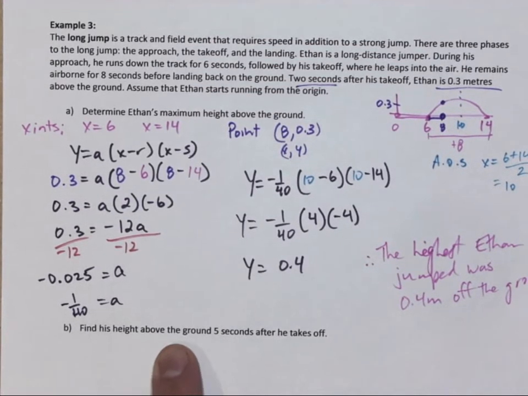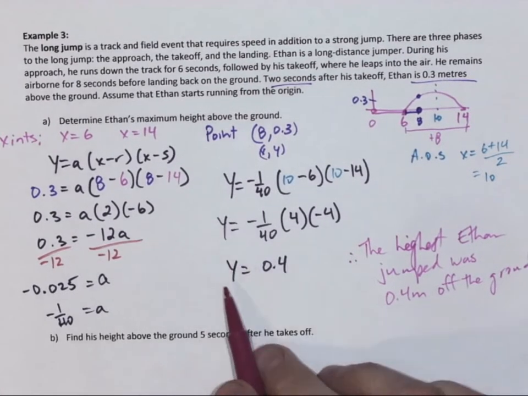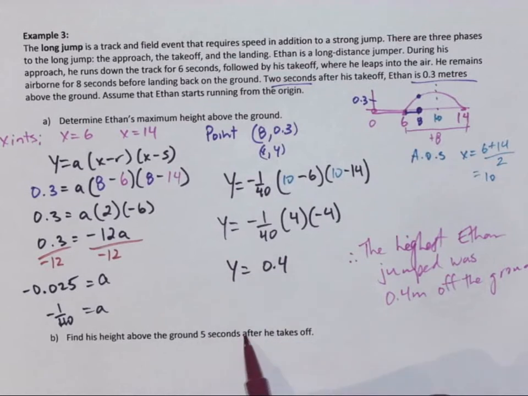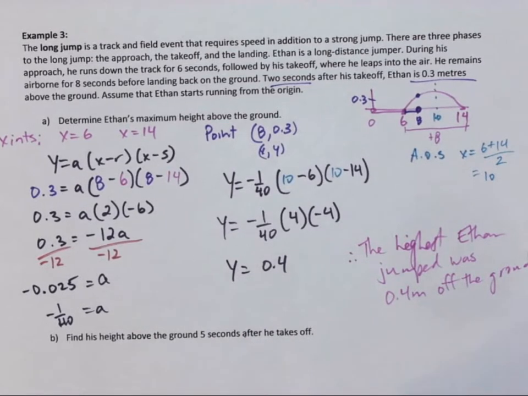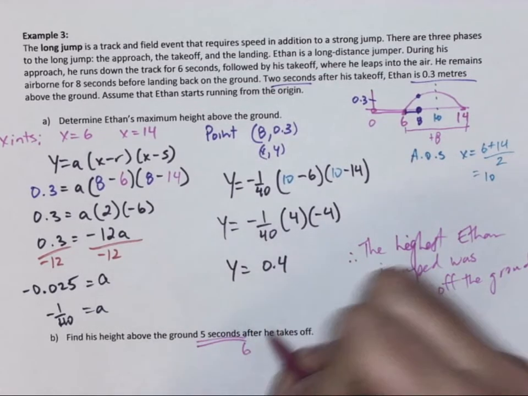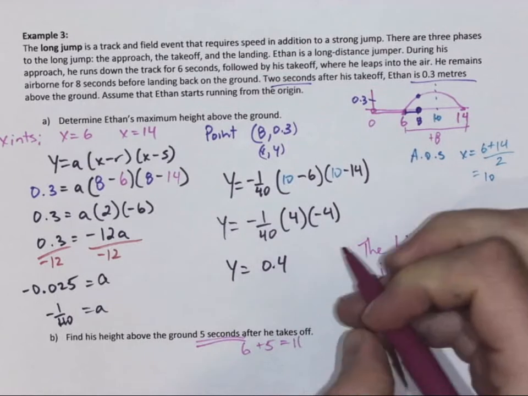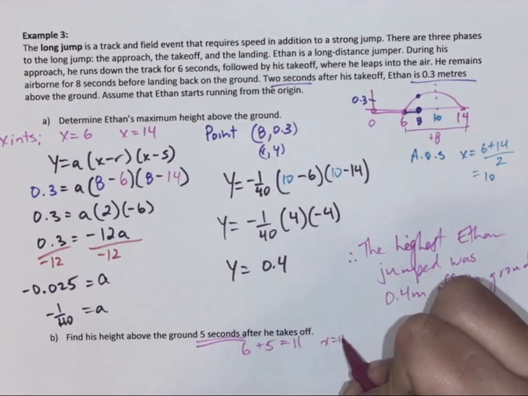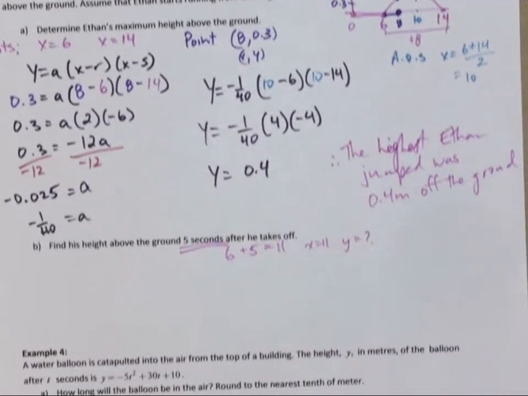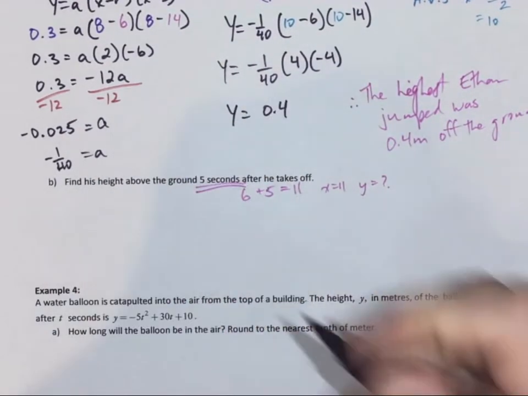Find his height above the ground 5 seconds after takeoff. So again, y really in this situation is height. Time 5 seconds after takeoff is our x. So 5 seconds after takeoff is going to be our 6 plus 5, which is 11. So when x equals 11, y equals, we don't know. So let's solve it. We do the exact same thing.